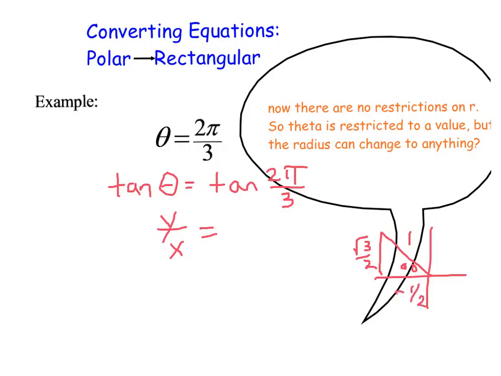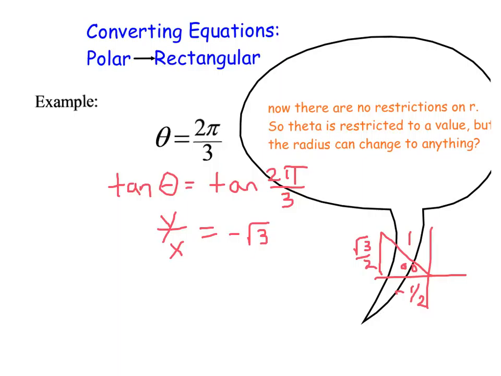So tangent would be negative radical 3 if I do y over x, or opposite over adjacent. And remember 2 pi over 3, I just thought of that as 2/3 pi, or 120 degrees, with a 60-degree reference angle.